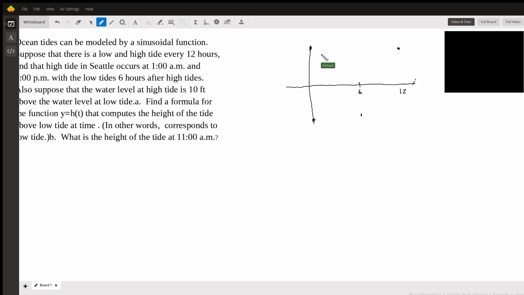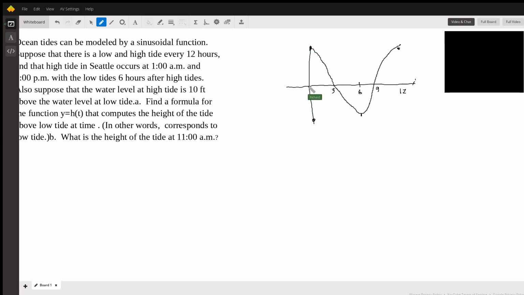So I have a high tide here and a low tide here, and this lends itself very nicely to a cosine curve, which I'm just going to sketch like this. I always say to students, think about an urn or a vase of flowers, and that's what the cosine curve looks like. Now we can fill in the y values.